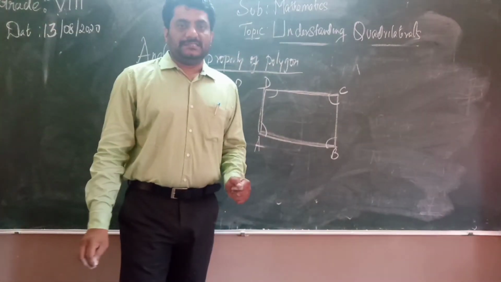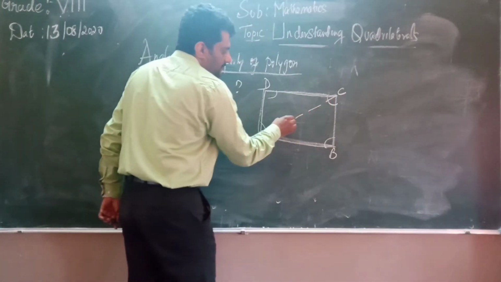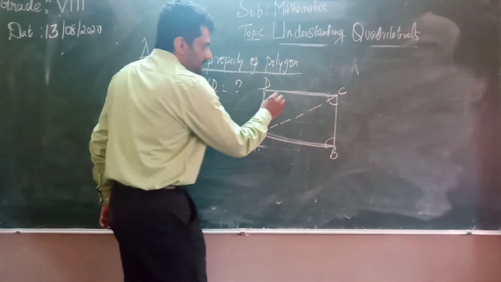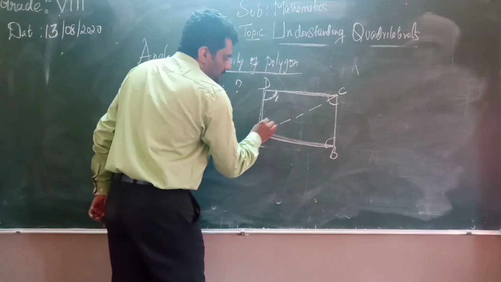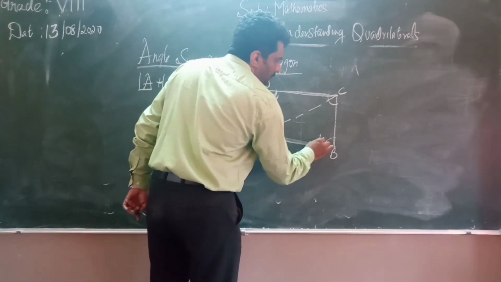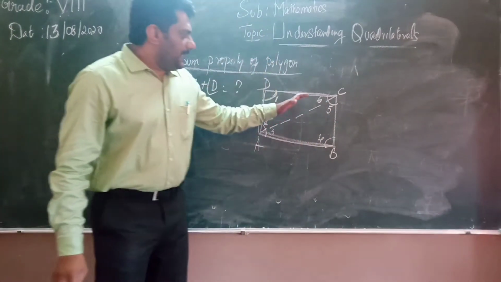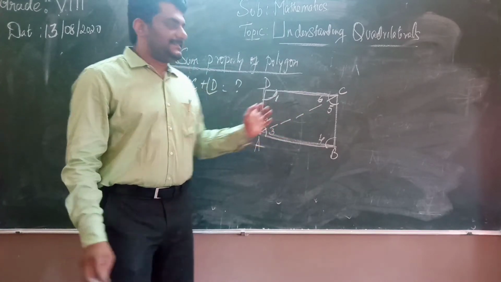How do we do this? Now, you can make this into two triangles. If I make this as two triangles, let me take these as angle 1, 2, 3, 4, 5, 6. Because we have two triangles here, the total number of angles will be 6.